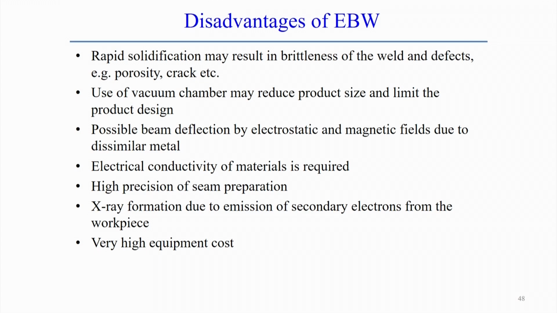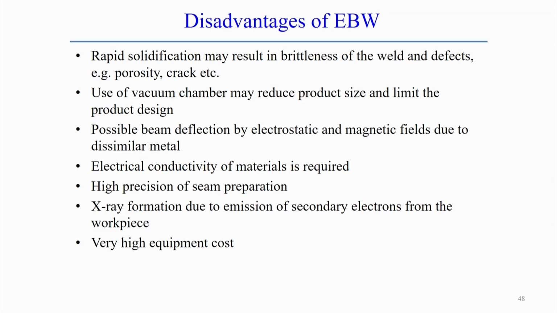And second, since electron beam welding uses a vacuum chamber, the whole welding process has to be done inside the vacuum chamber. Because of that, it reduces the product size and limits the product design, because a vacuum chamber may not be created for a large scale welding process or a very big component.